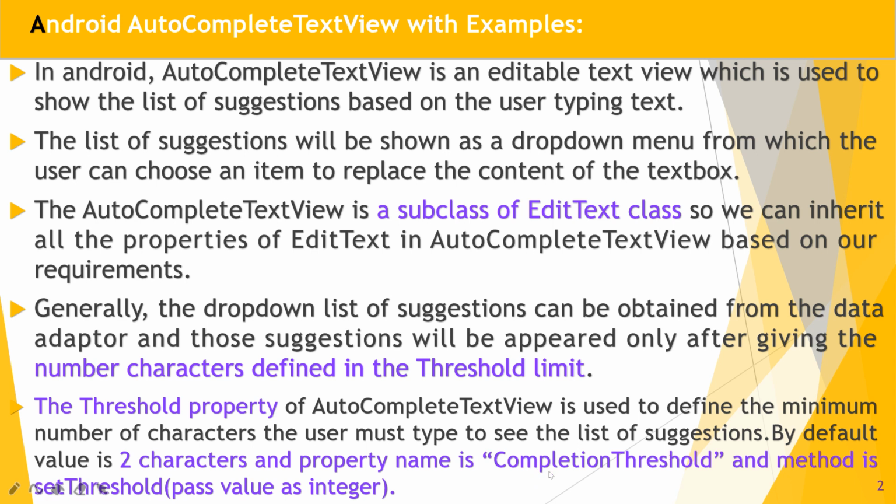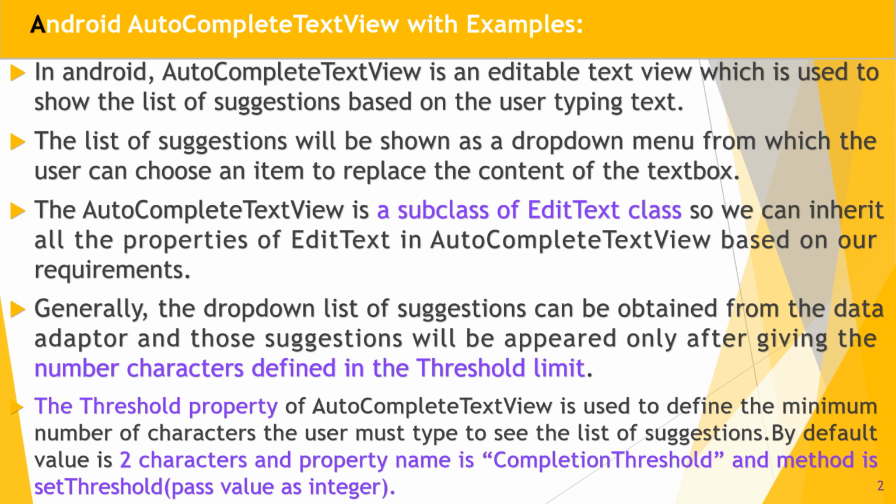There is also a method available for setting the threshold for the autocomplete text view. That method is called setThreshold, and you pass the value as an integer to the setThreshold method. Hope you understand this threshold property of autocomplete text view. Yes, it is the most important property.